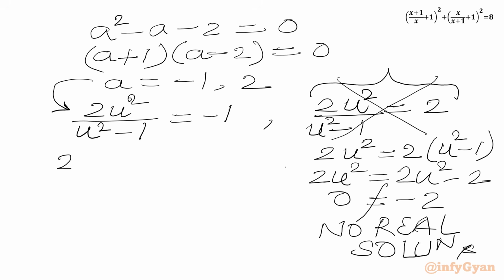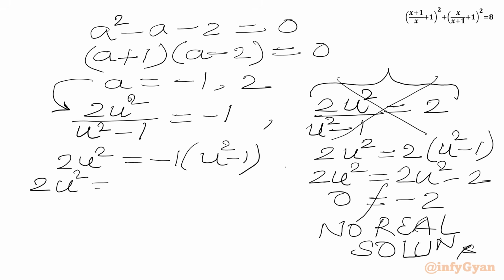Now we will cross multiply here. 2u square is equal to minus 1 times (u square minus 1). 2u square will be equal to 1 minus u square. We'll take minus u square to LHS and write 3u square equal to 1.